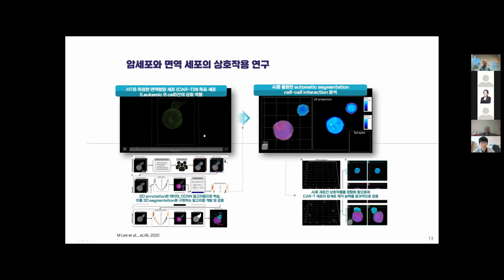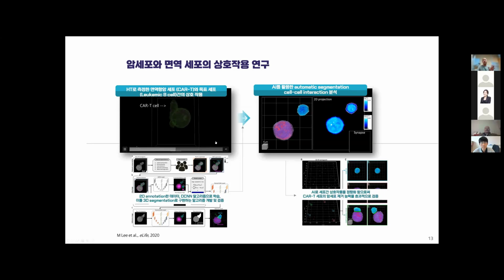Toward that direction, we first measured the cell-to-cell interaction between immune cell and cancer cell. In particular, we measured the formation of the immunological synapse between the chimeric antigen receptor T cell for immunotherapies and the target leukemic B cell.